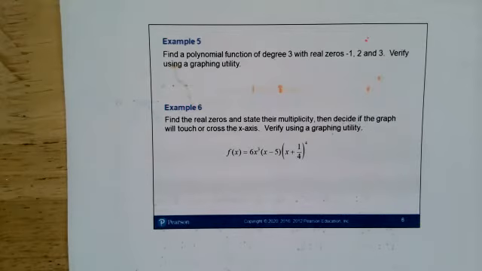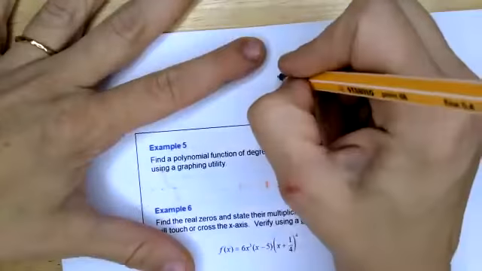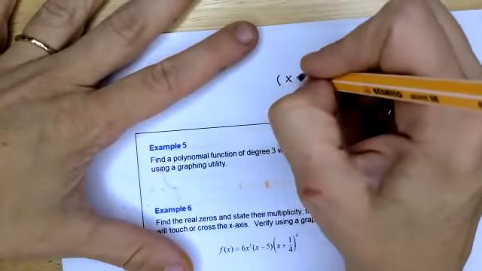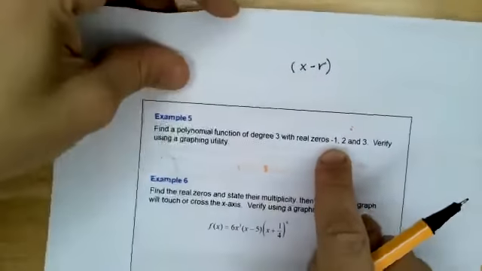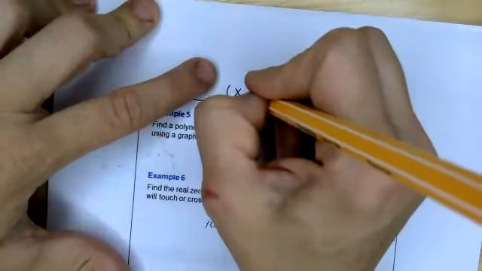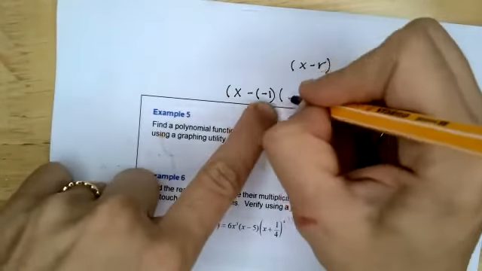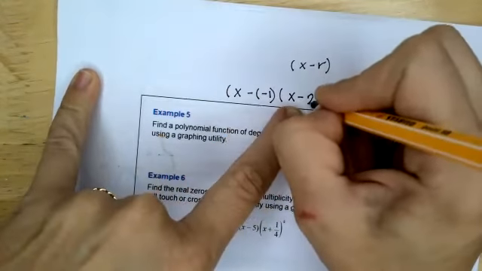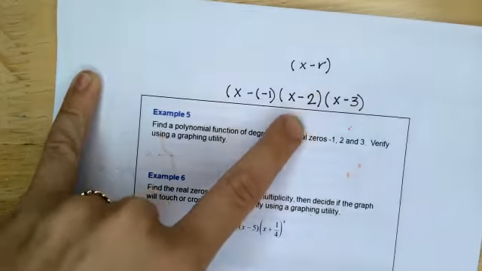Example 5 asks us to find a polynomial function of degree 3 with the real zeros -1, 2, and 3. Remember, the factor of a real zero is x minus that real zero, right? So the real zeros are -1, 2, and 3. That means r is -1, r is 2, r is 3.